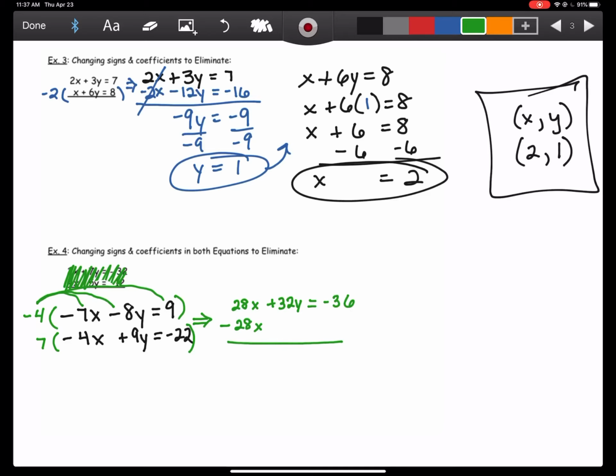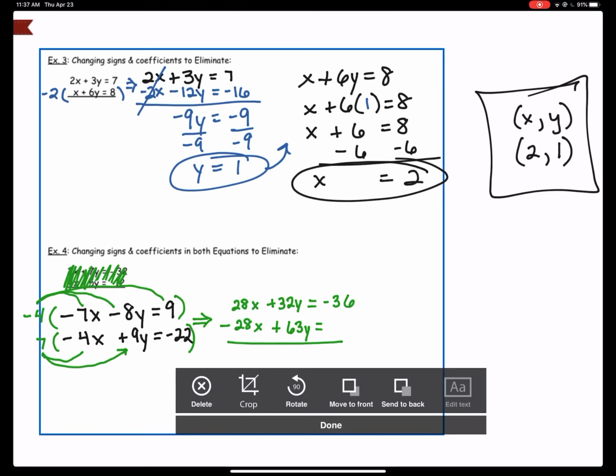Next line. 7 times negative 4 is negative 28x. Okay, that part's done. 7 times positive 9y. That's positive 63y. Don't forget your equal sign.